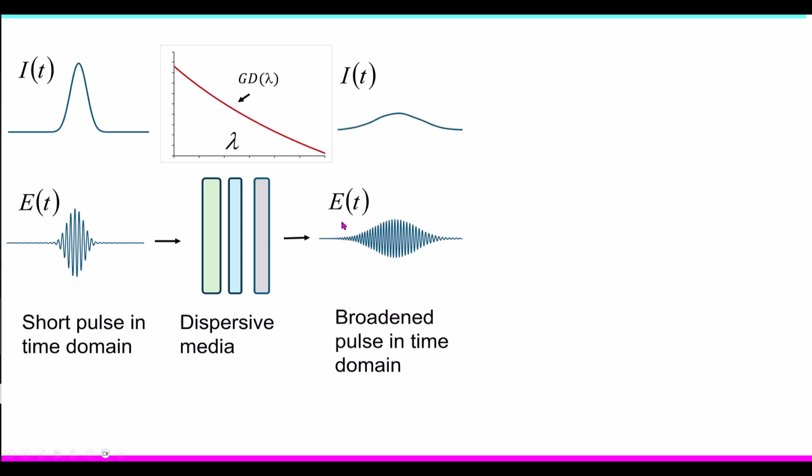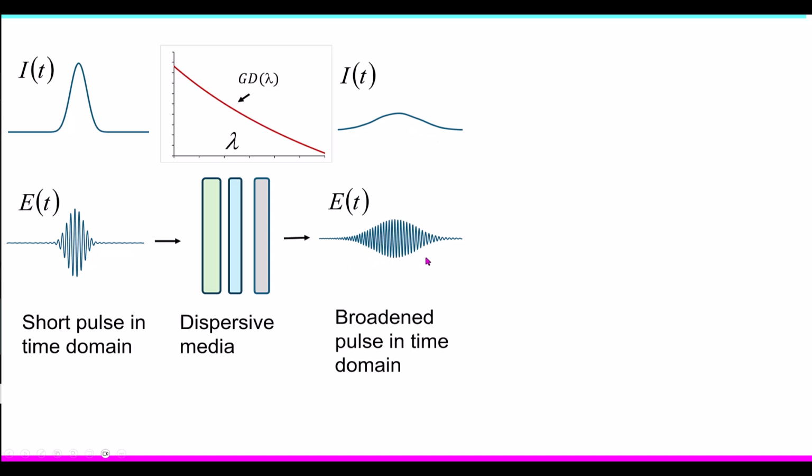This is a schematic representation of dispersive mirrors functionality. A short pulse, this is its intensity and electric field in time domain. A short pulse propagates through dispersive media and accumulates group delay. As it travels, the pulse broadens and its temporal shape can change.